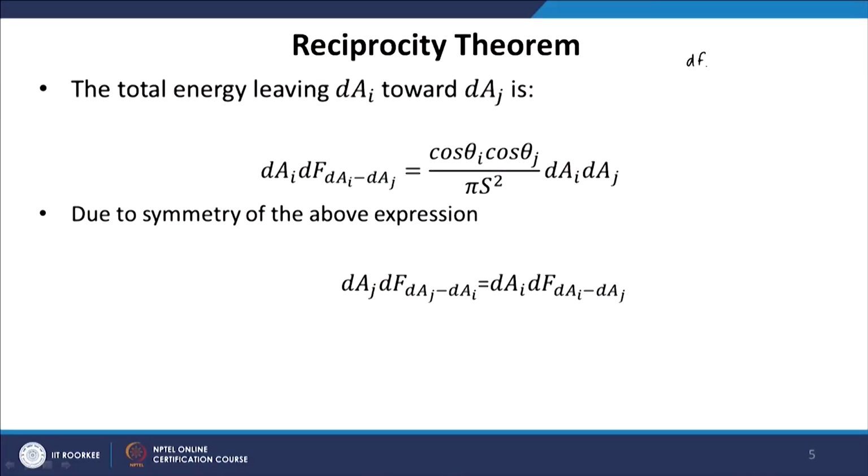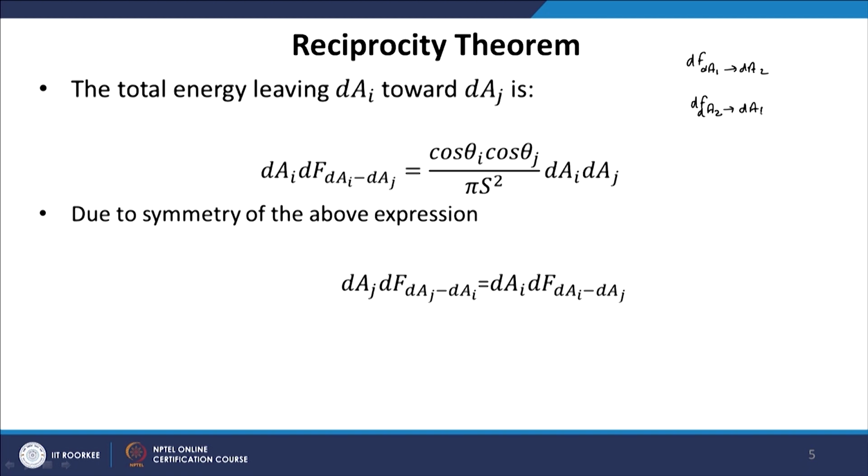Now, the view factors evaluated from one surface to another, that is surface 1 to 2, dF dA1 to dA2, can be used to evaluate the view factor from surface A2 to surface A1, that is dF dA2 to dA1. So, we have to basically apply what we call reciprocity theorem.